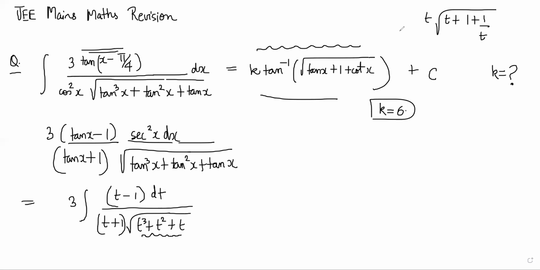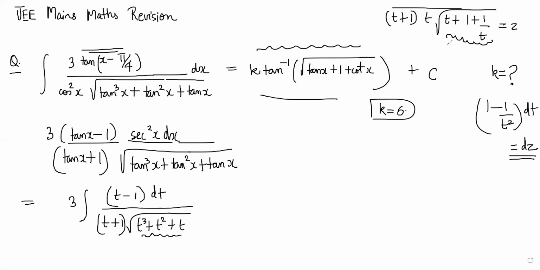And here it is t plus 1, and up on top it is t minus 1, right? So I want to take this as my z. If I need to take this as my z, I need 1 minus 1 by t square dt as dz, correct?